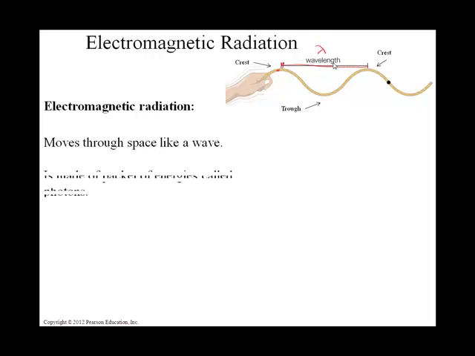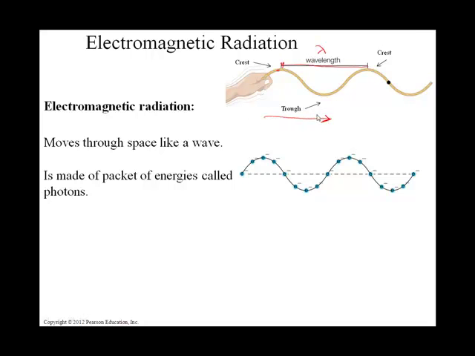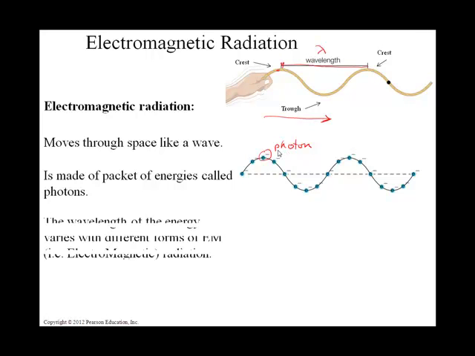Now all electromagnetic radiation, all forms, are traveling through space at the speed of light. They have different wavelengths, but they are also traveling in these cute little packets of energy we call photons. And that's what these little E's are showing you. These E's are little photons, little packets. If we isolate a gamma ray photon, we're going to see it has more energy than a radio wave photon.